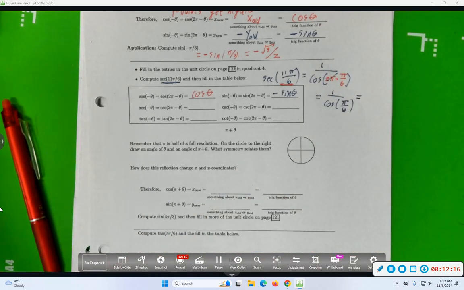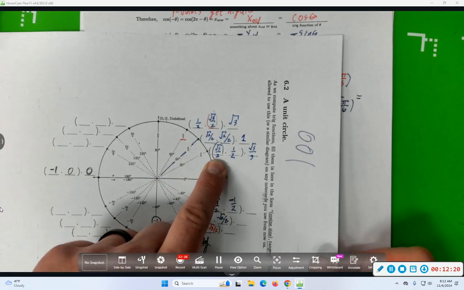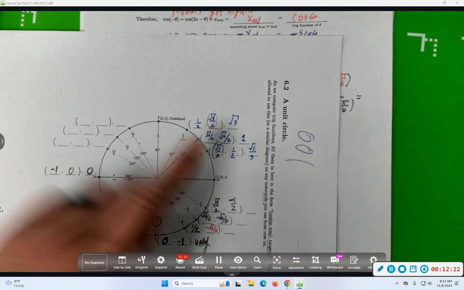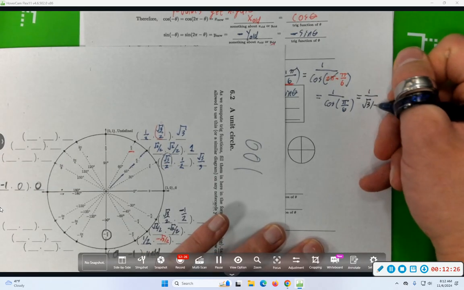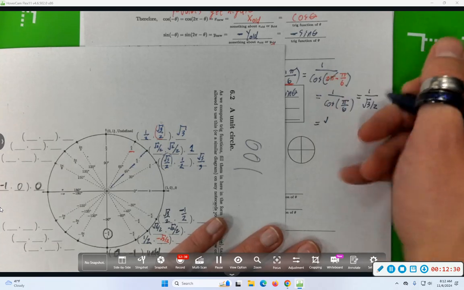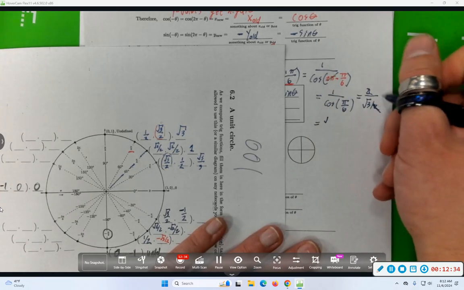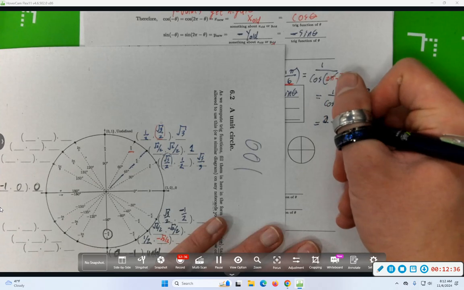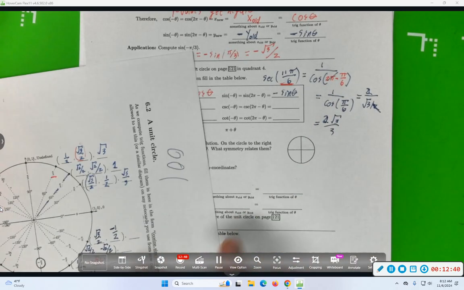Ooh, now I can consult the unit circle. Pi over 6, cosine is root 3 over 2. That's 1 over root 3 over 2. So you can move the 2 to the numerator and now multiply and divide by root 3. Nice. That feel pretty okay?